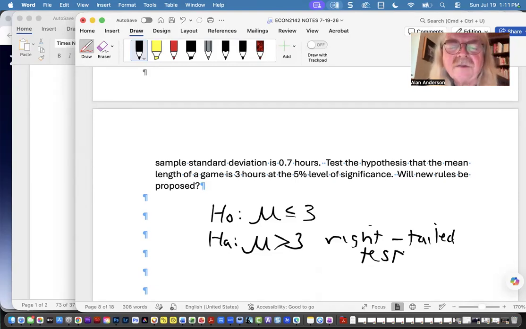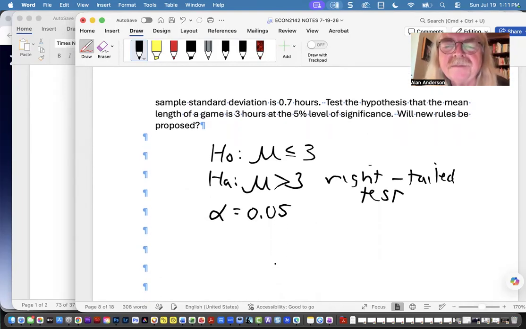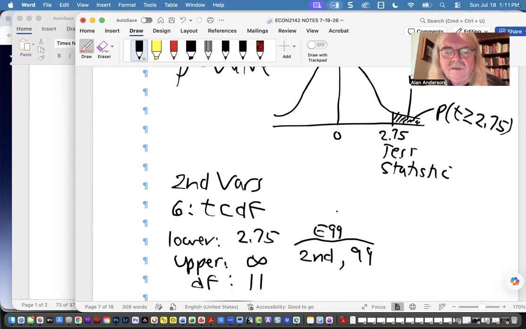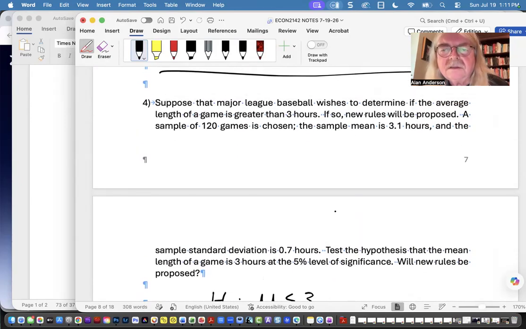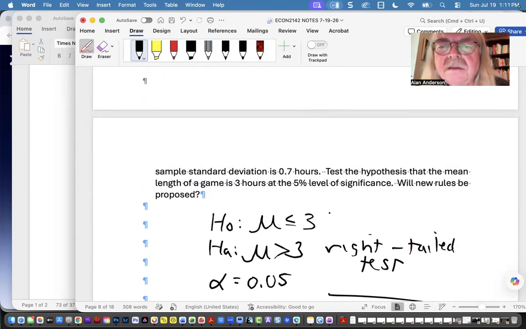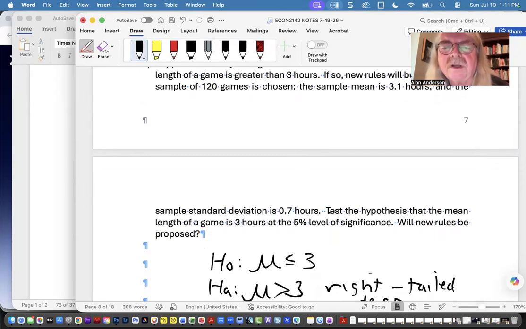All right, so alpha is 0.05. And let's look at our data again. N is 120.